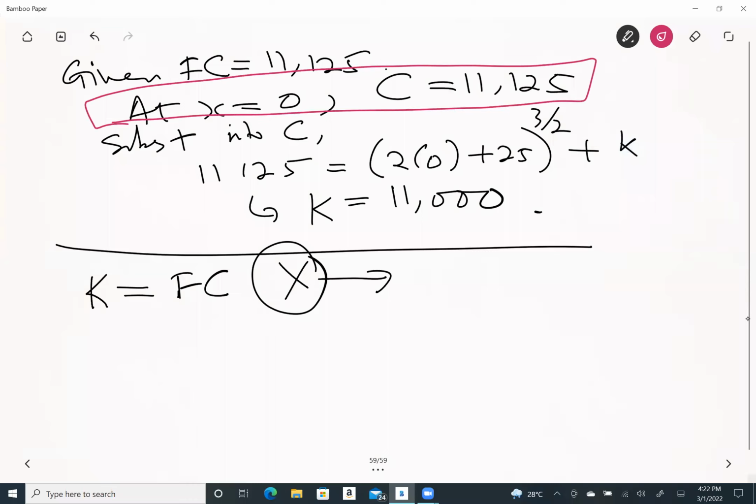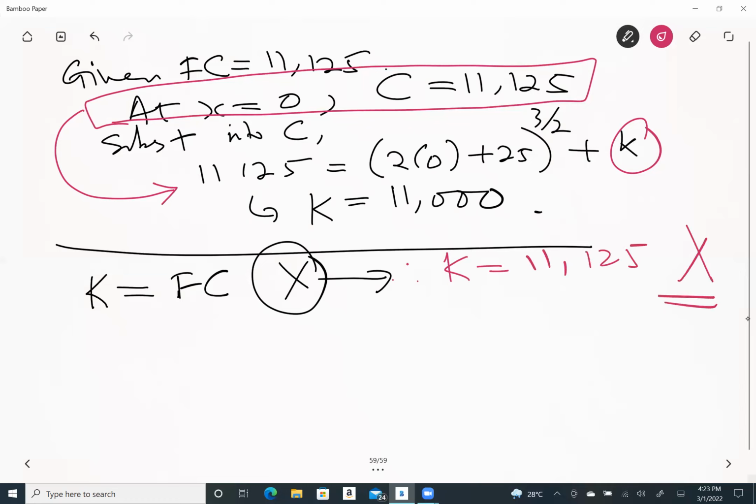When x equal to 0, the cost is 11125, and then we substitute, then you get that K. Don't just say fixed cost is 11125, therefore K is equal to 11125. No, that is not the way to do it. You have to understand fixed cost. x is equal to 0, C equal to 11,125, then substitute the cost, then you get K. Any question?